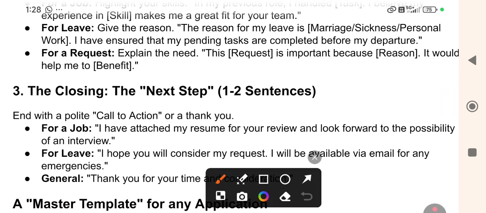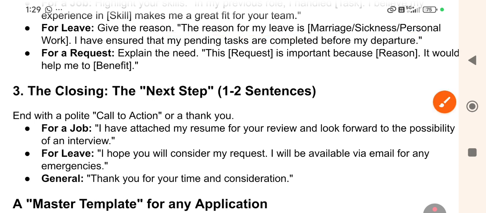Then for leave, give the reason. Suppose you are writing a leave application, so the reason is: the reason for my leave is that I am not well, right? Or I have urgent work, or I have to attend my sister's daughter's marriage or my cousin's marriage.